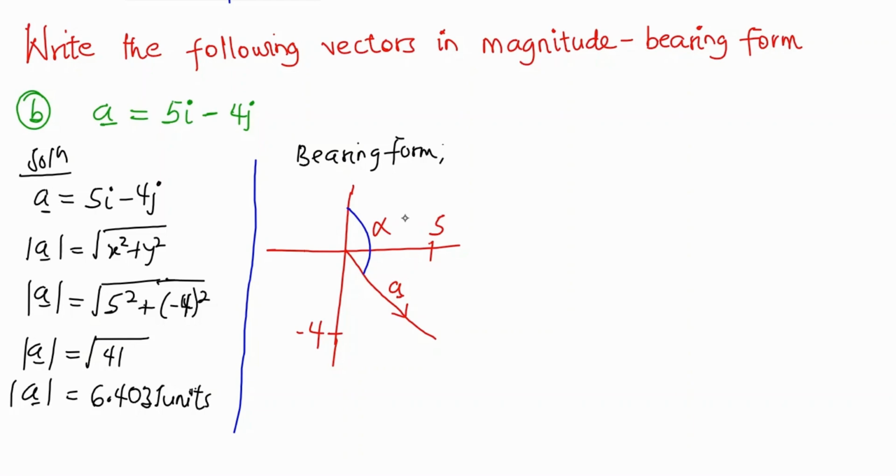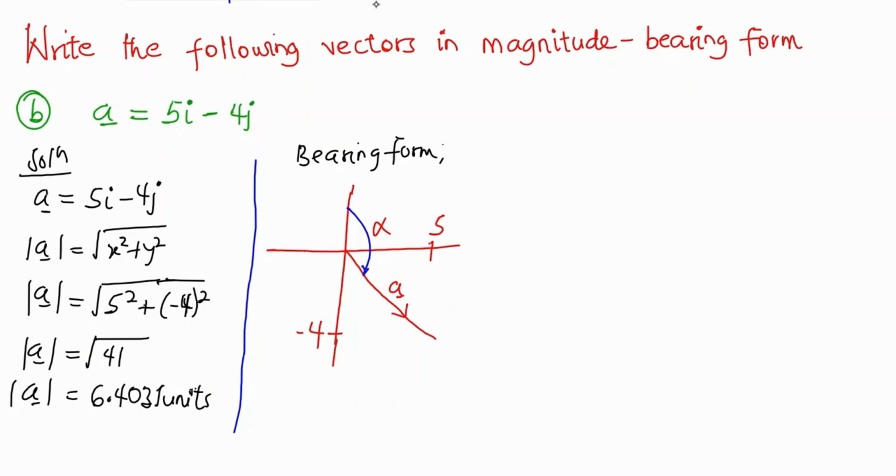Since we cannot directly find the bearing using the alpha angle, we have to consider the angle this vector makes with the x-axis. We represent that angle by theta.